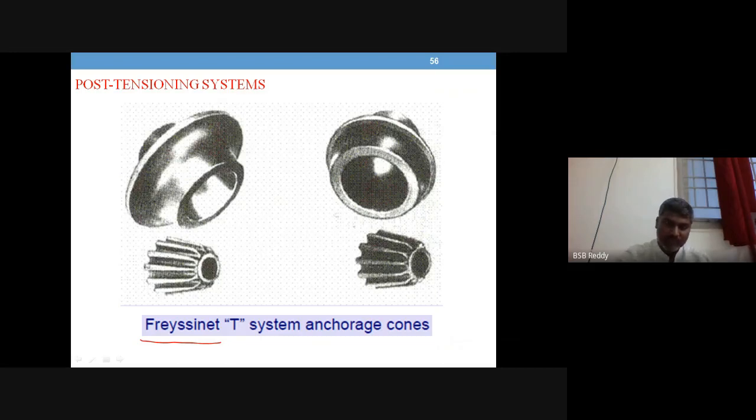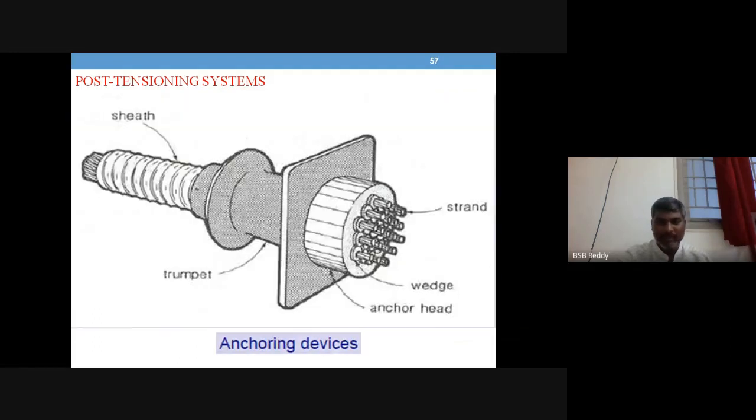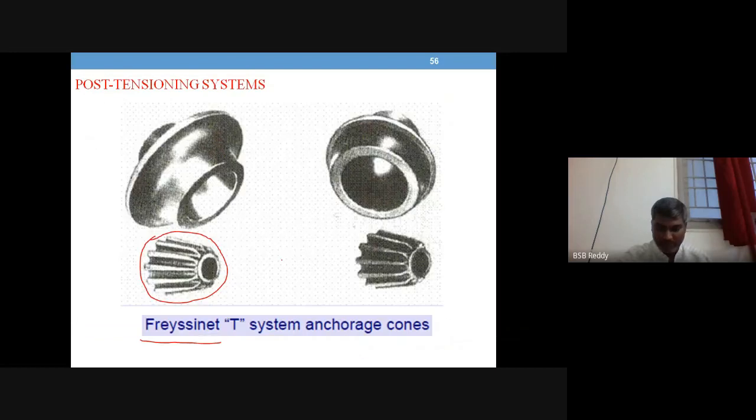So this is a conical interior. You will be drawing that as a line diagram. These are just three-dimensional pictures to give you a clear idea.